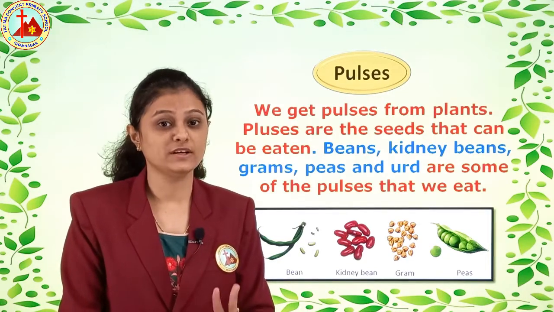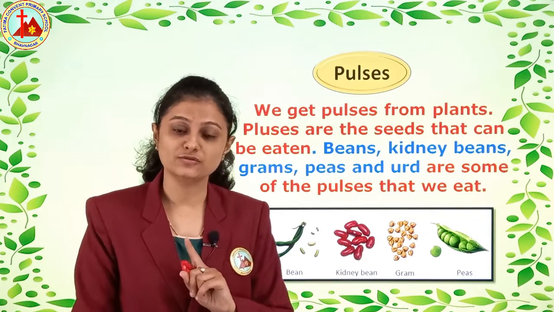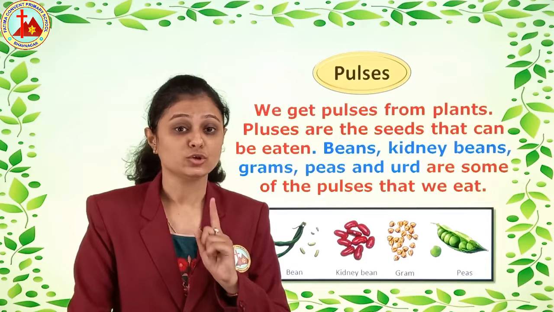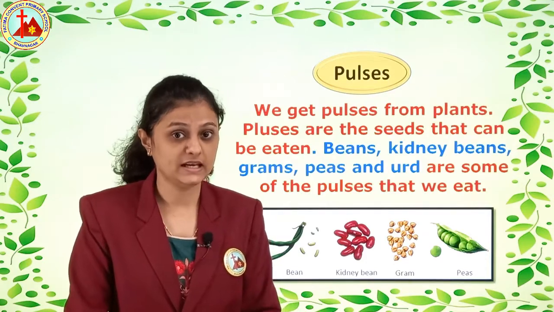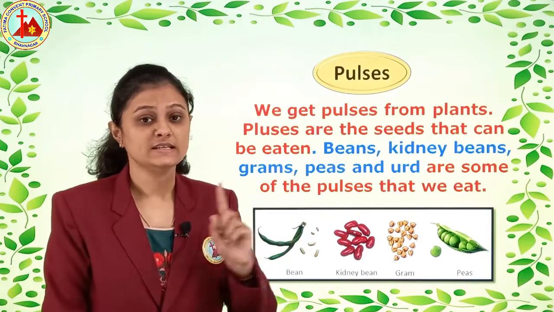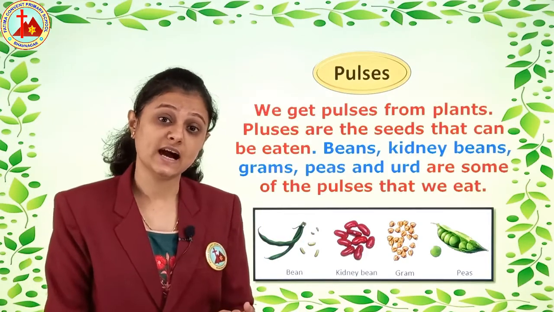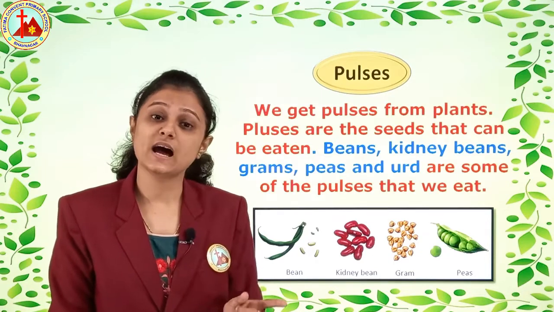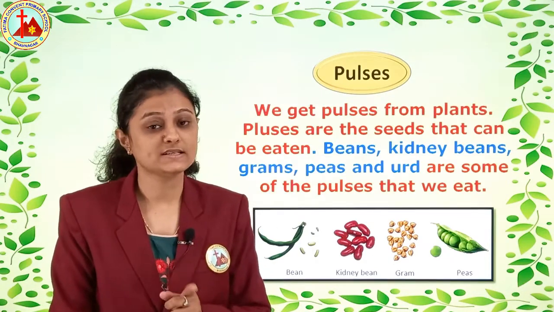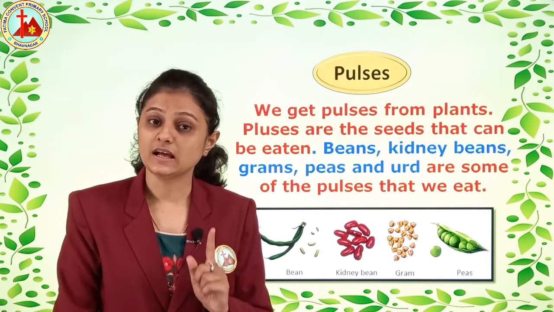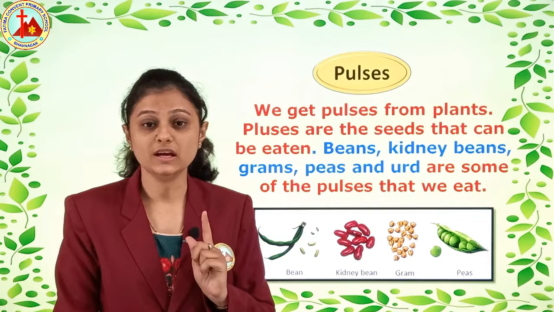Okay, do remember the difference children, because many children mix up cereals and pulses. So do remember, repeat it again and again, revise every day. Pulses are seeds and cereals are grains. Okay, cereals can be ground finely to make flour.